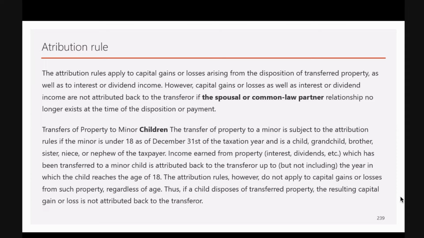But if you transfer to your spouse, yes, it's attributed back to the transferor. So, are you clear?